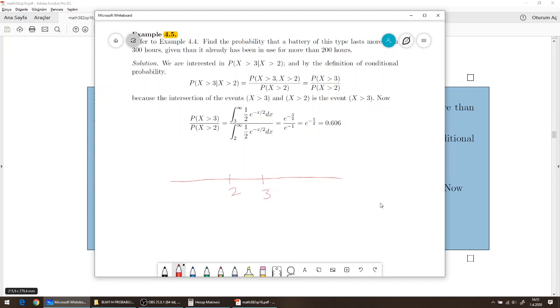It is given that its lifetime is greater than 200. What is the probability that it is more than 300?